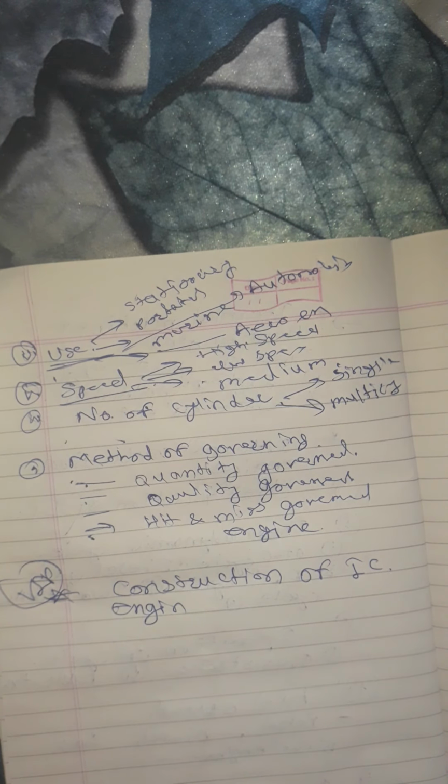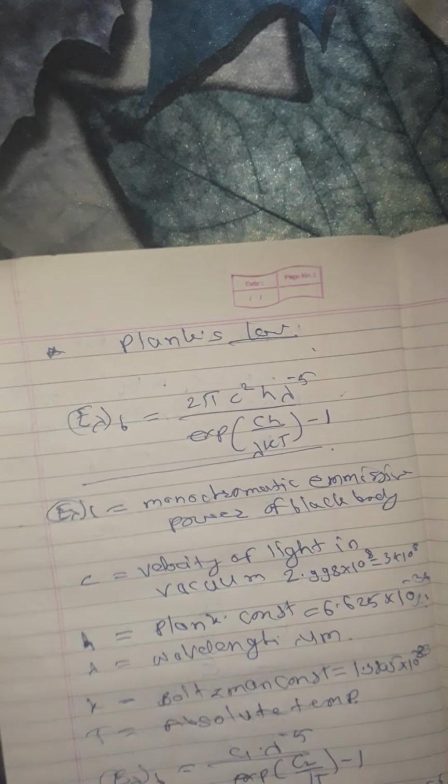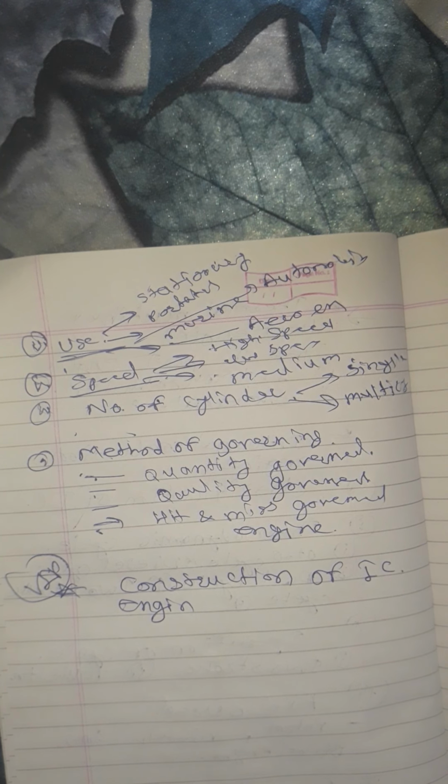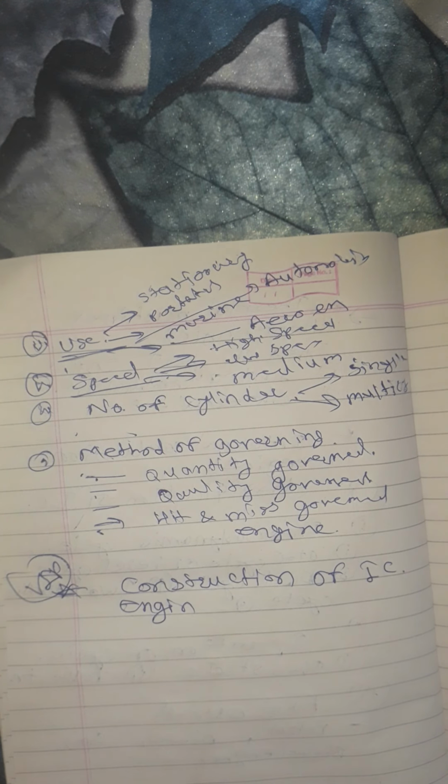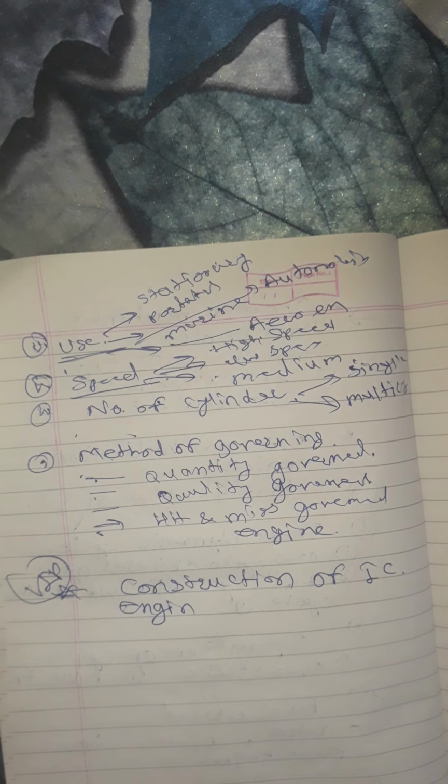So up to this we have discussed the heat engine, types of heat engine: internal combustion, external combustion. Then we have discussed the classification of IC engine. This is a very important question, and it will be asked for 5 marks or 7 marks. Okay. Thank you.